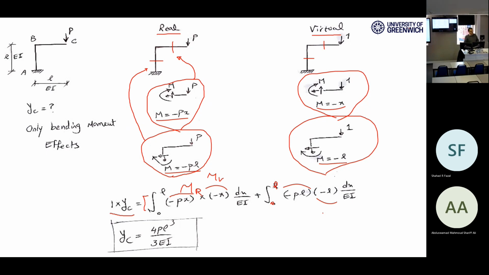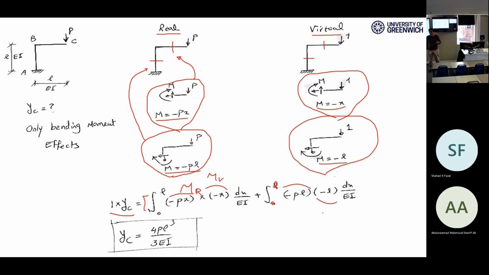And that is the deformation of point C along the vertical direction. Any questions so far? It is easy, isn't it?